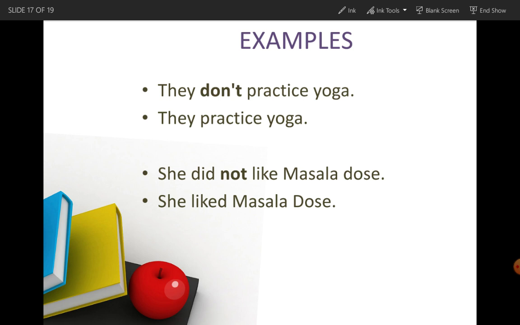Next sentence, they don't practice yoga. So, this is a negative sentence because you have don't there. In order to make it positive, remove don't, then the sentence will become positive. They practice yoga.